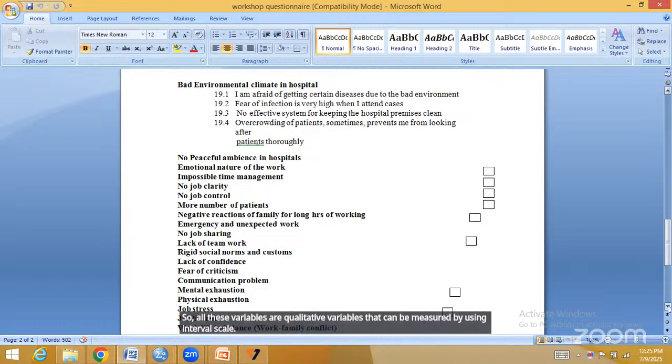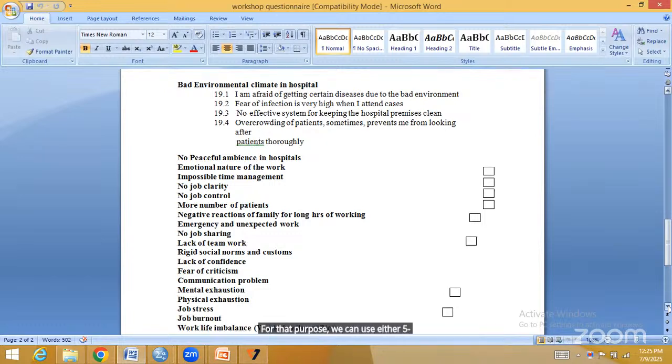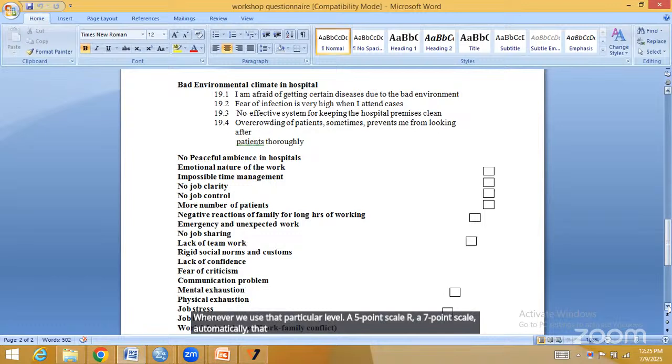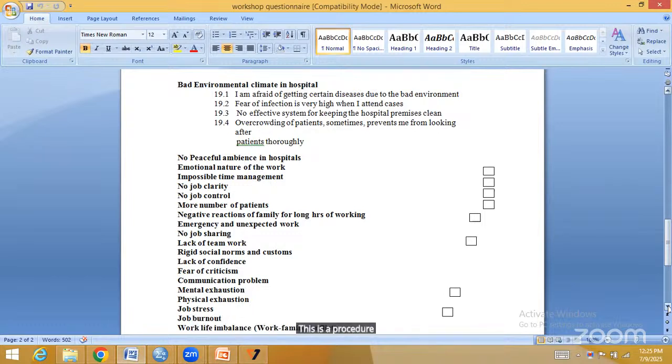For that purpose, we can use either 5-point scale or 7-point scale. Whenever we use that particular level, 5-point scale or 7-point scale, automatically that qualitative variable will become a quantitative variable. This is a procedure for the measurement of a qualitative variable.